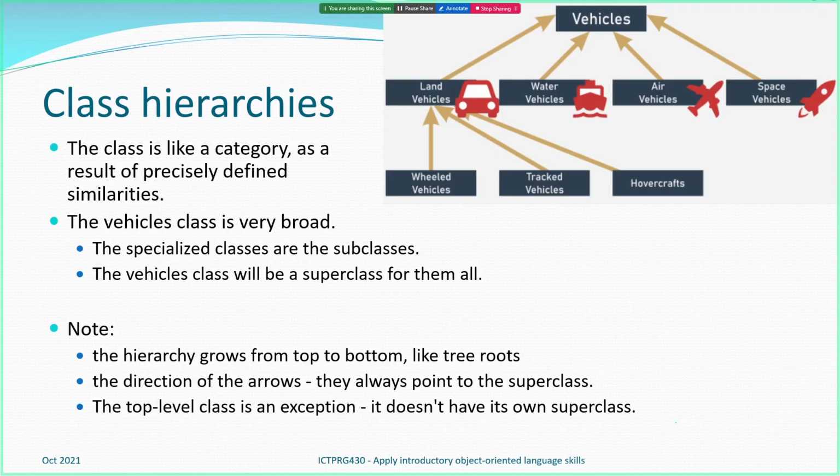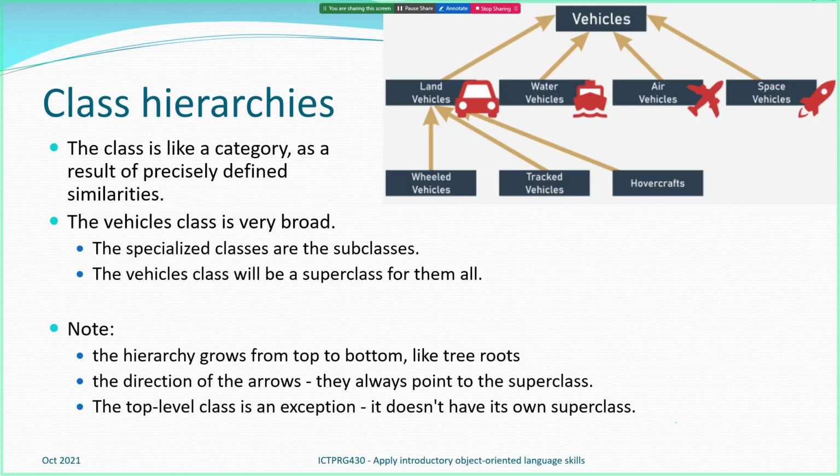And then you break those down again into wheeled, tracked or hover. Each of these will have inherited products or attributes from its parent. Vehicles, if you look at this, is what's called a superclass. It's the one that holds all the other classes.